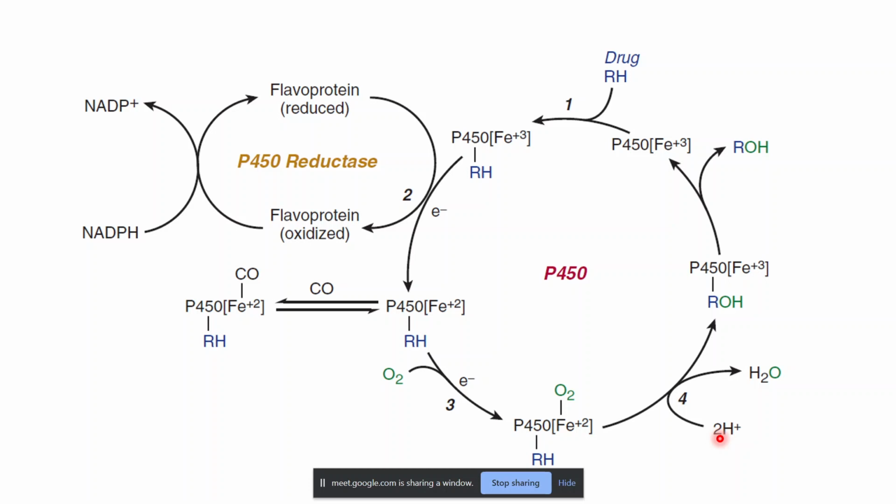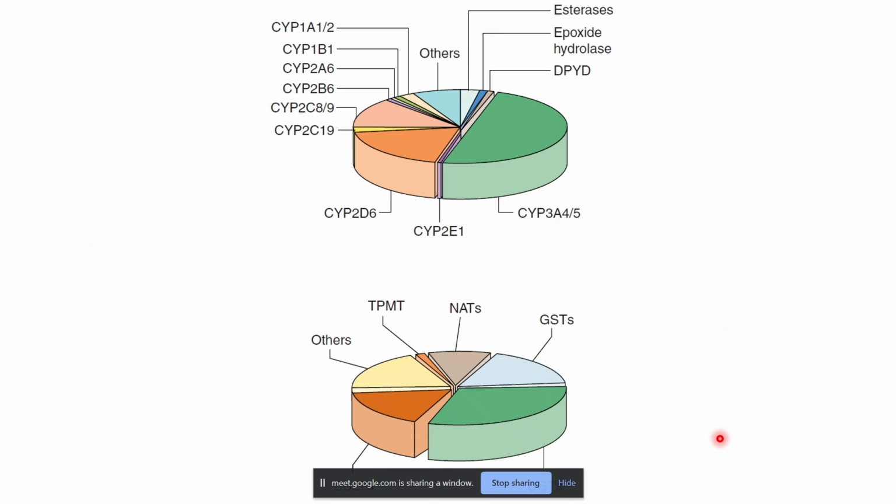And there are several types of the P450 enzymes that are classified into families, and about half of the isoforms are 3A45.